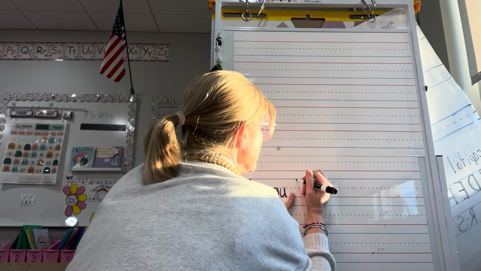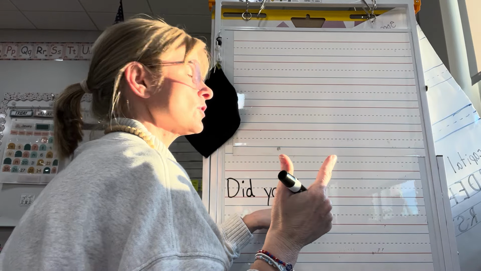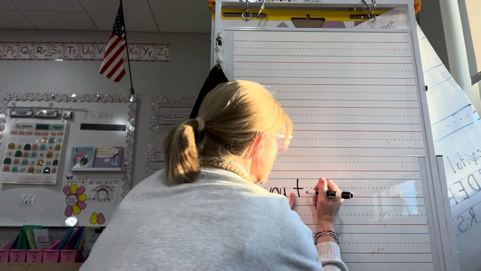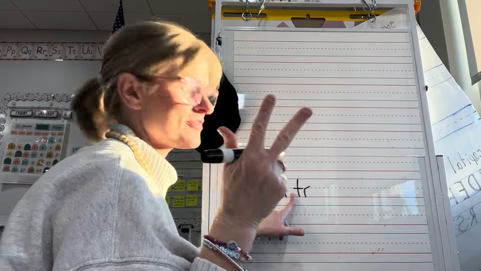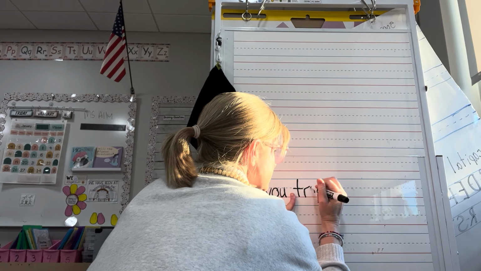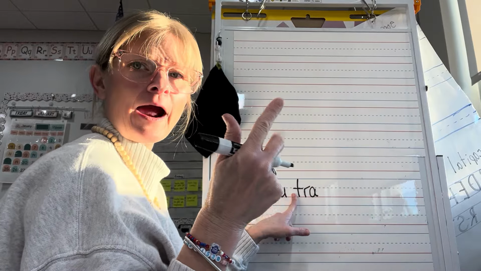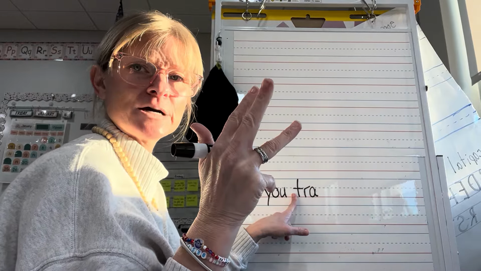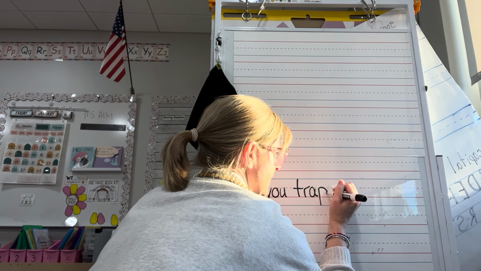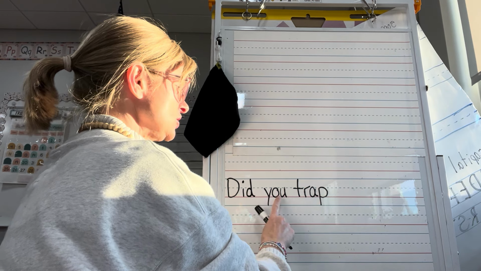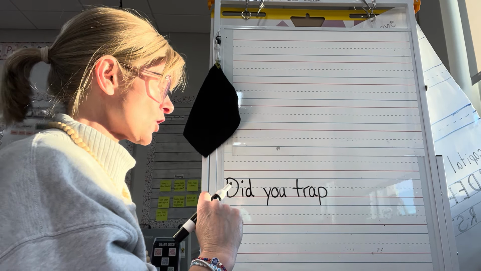T. T. R. R. That short A sound that we've been practicing. Lowercase a. P. Great job. So that's another letter that falls down. Did you trap? And a finger space for our next word, the.